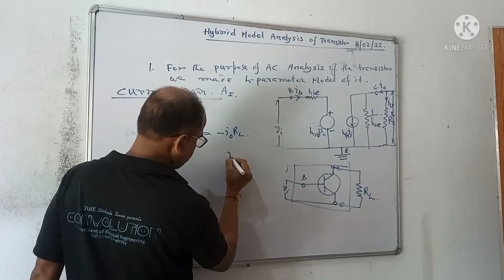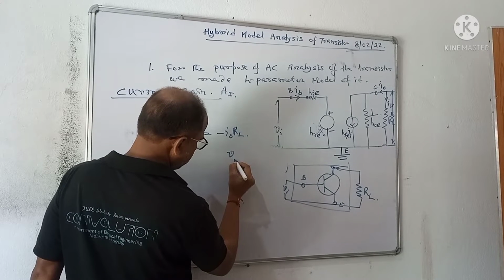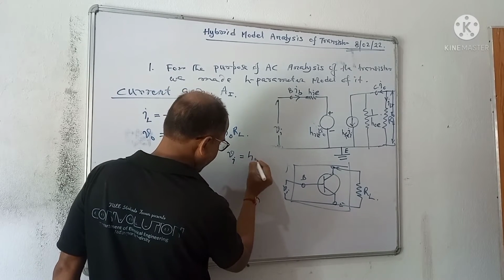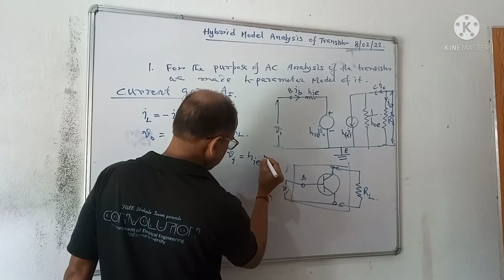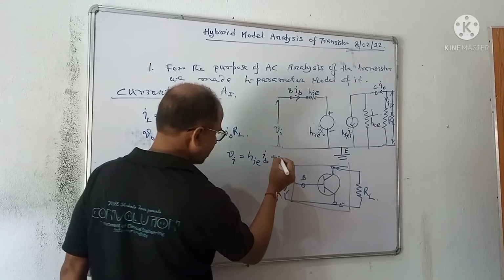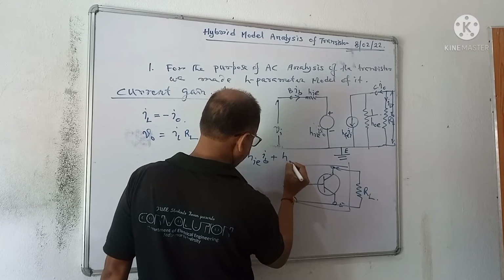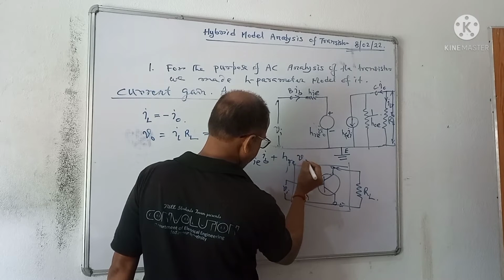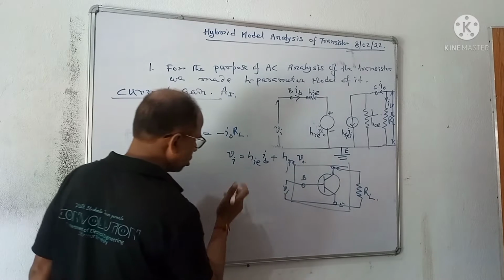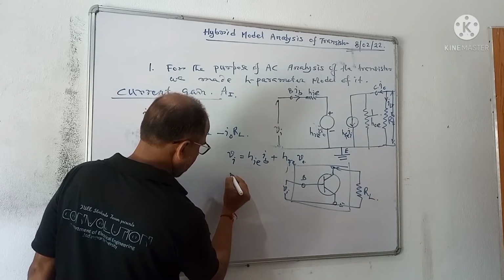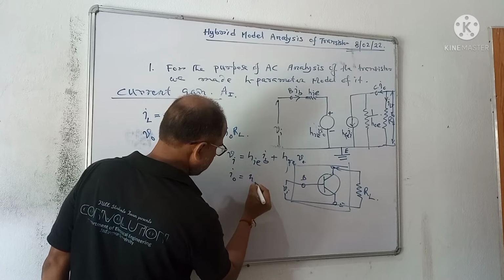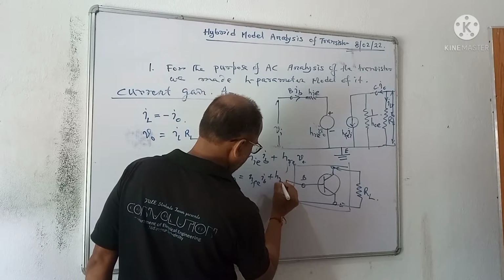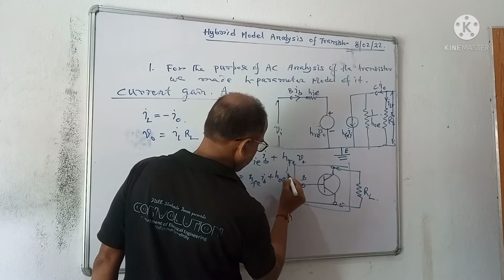The hybrid model is: VI equal to HIE into IB plus HRE into V0, the output voltage across the collector, and then I0 is equal to HFE into IB plus HOE into V0.